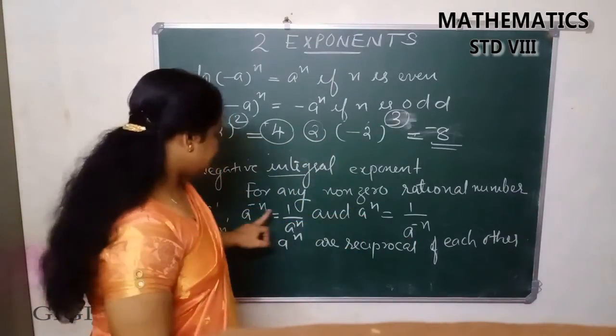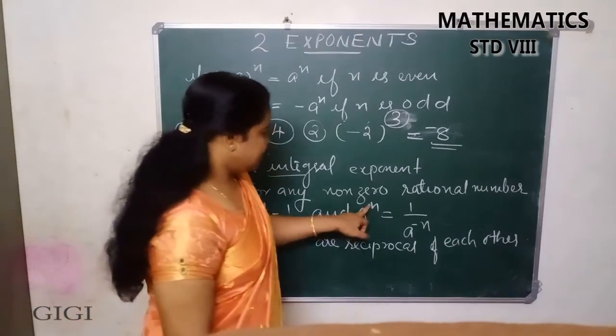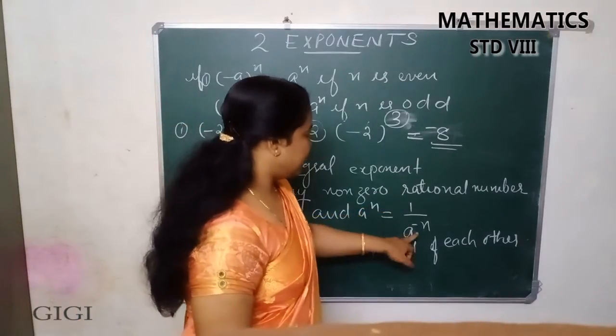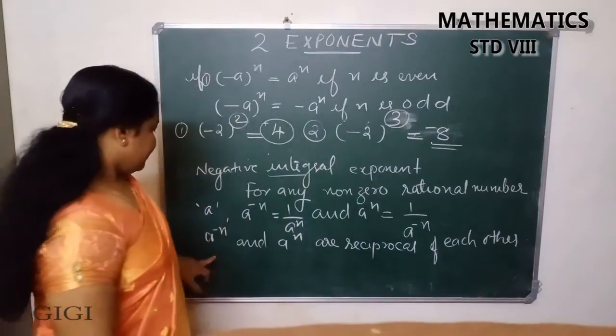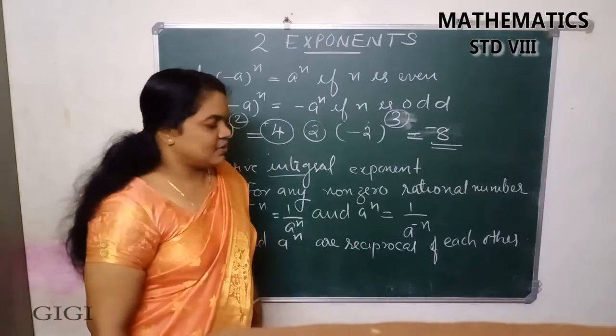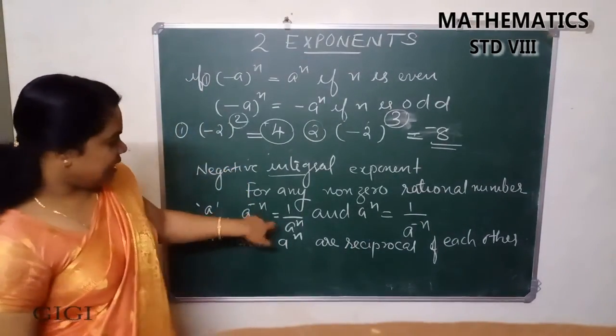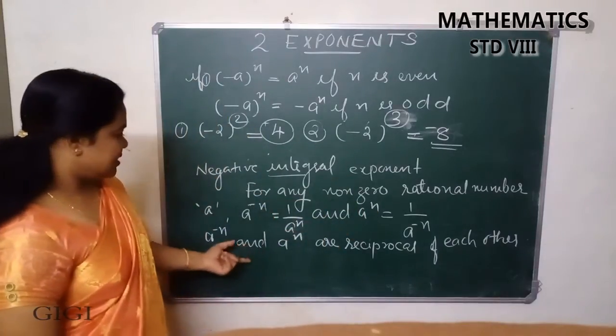Here a raised to minus n and a raised to n are reciprocals of each other.